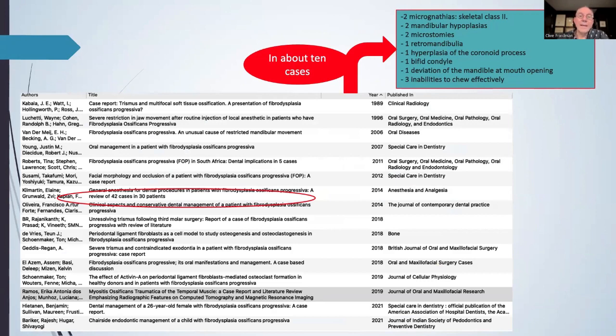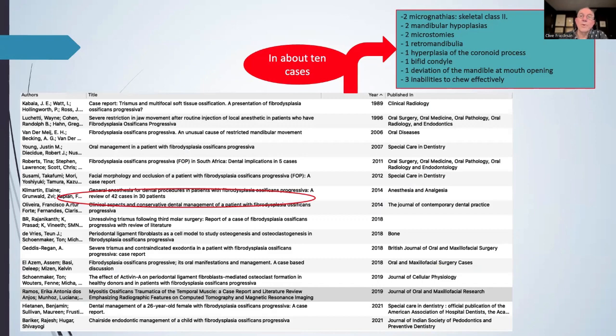And really, they did not find any specific phenotype that is ideally connected with FOP. So essentially, FOP doesn't result in any specific problems, but is much more related to the impact of the FOP on the development of the jaws. And so that's where we need to concentrate.